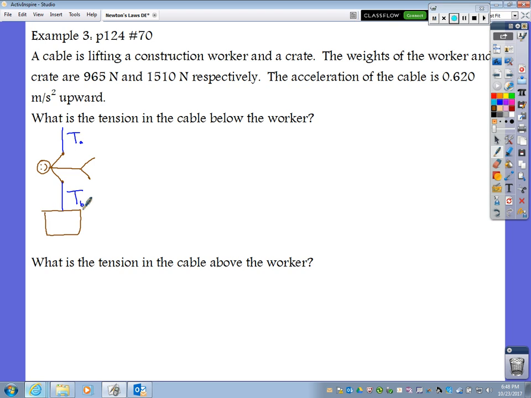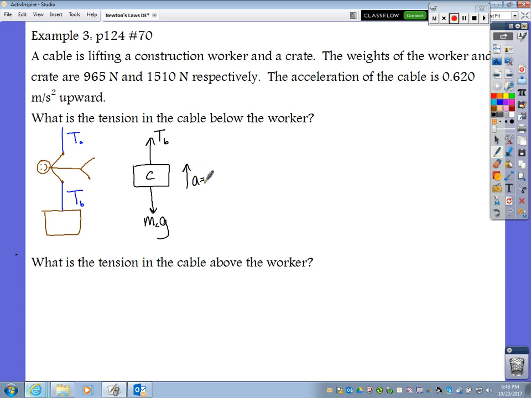Let's look at the forces on the crate. If this is the crate, I'm going to put a C there. We've got the force down, mass of the crate times G, and the force up is T sub B. Those are the only two forces on the crate. And we know that it's accelerating upward.